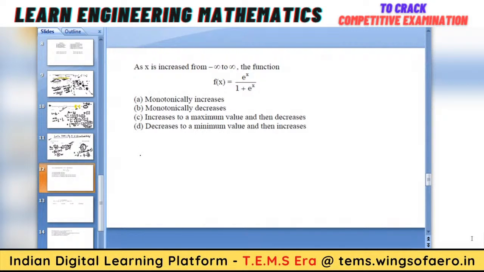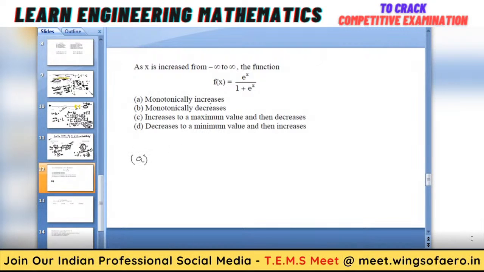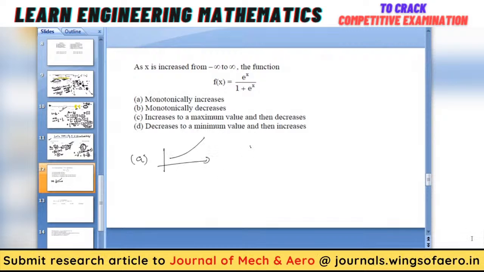I'm giving you a hint. Option A is the curve like this. Option B is the curve like this.